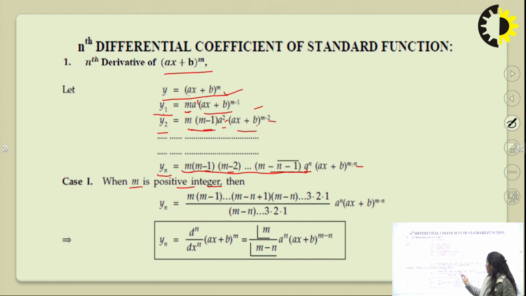So we will multiply by these terms and divide by these terms in yn, and the rest is as it is given. Now yn is equal to, these terms give factorial m, divided by factorial m minus n, times a power n (ax plus b) power m minus n. So this is the nth derivative of (ax plus b) power m if m is a positive integer.